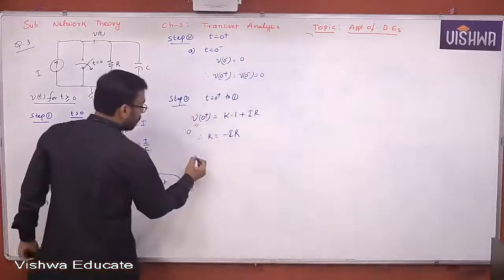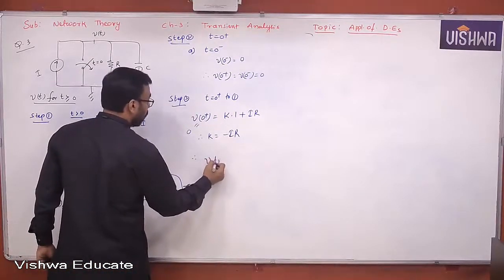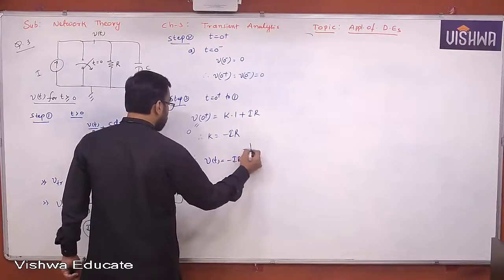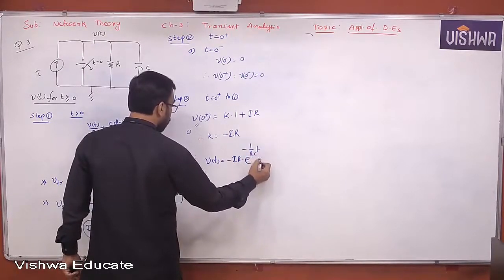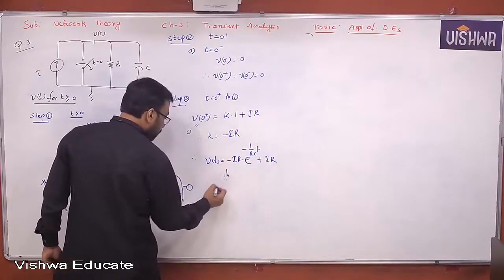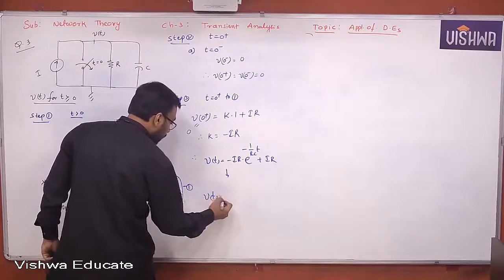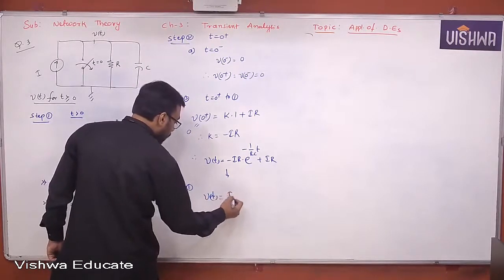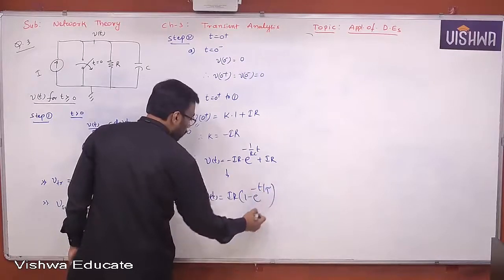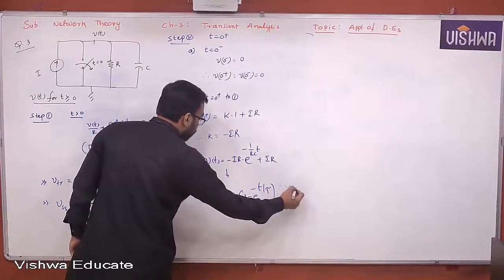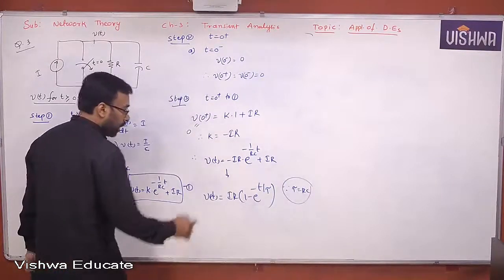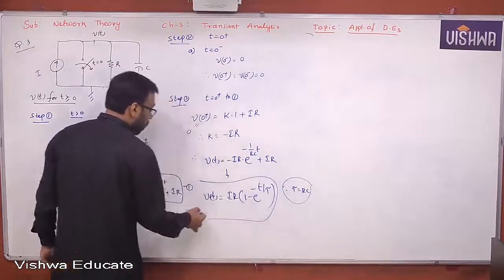Therefore, the total response is V of t equal to minus IR e power minus 1 by RC t plus IR. From this, V of t can be written as IR into (1 minus e power minus t by tau), where tau is equal to RC. It's a time constant once again. So this is the complete response you have got.